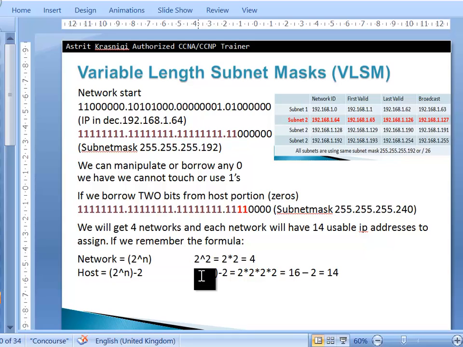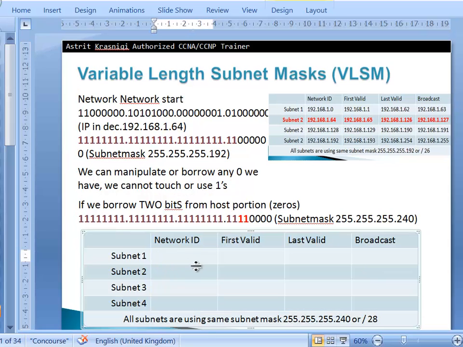Now, if we put it on the table, let me get rid of this and we do it together. So we have subnet 1. What we start with is what we are given, the network ID, which was 192.168.1.64.